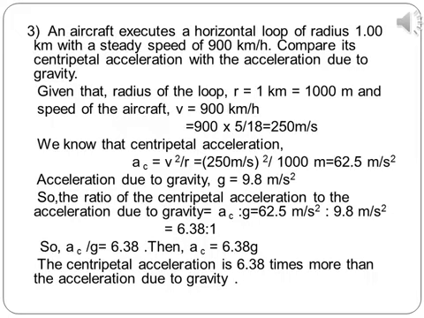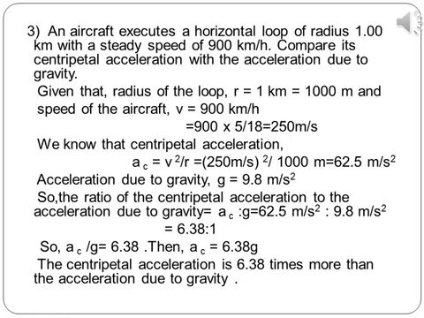And you know that acceleration due to gravity g is equal to 9.8 meter per second square. So what should be the ratio of the centripetal acceleration to the acceleration due to gravity? It is a_c is to g is equal to 62.5 meter per second square is to 9.8 meter per second square, which is equal to 6.38 is to 1.